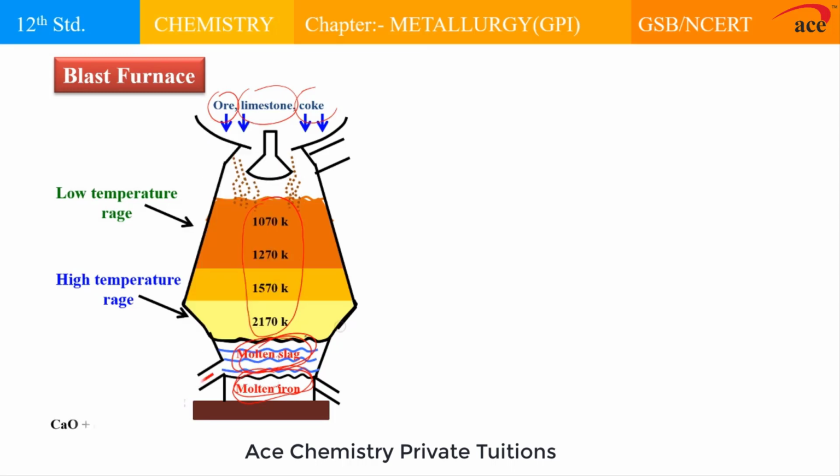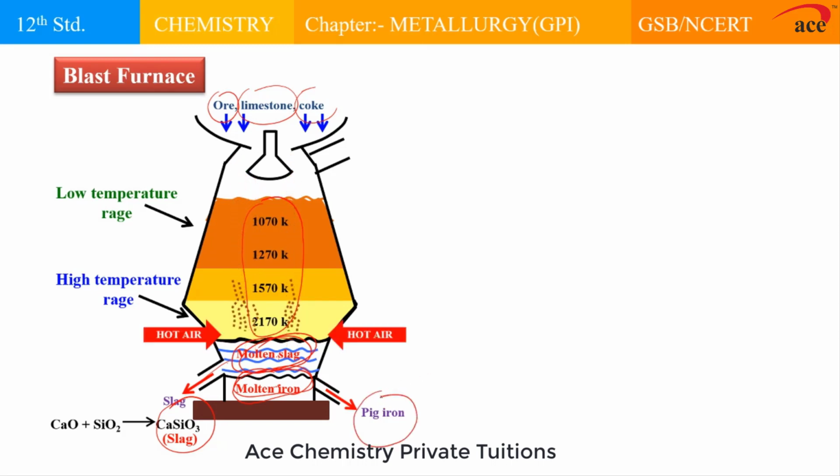The molten slag, which is calcium silicate, can be taken out from the upper layer, and the molten metal, which contains impure carbon, is crude iron, also referred to as pig iron, and can be taken out from the lower part. Now see the reactions which take place in the upper part, students.